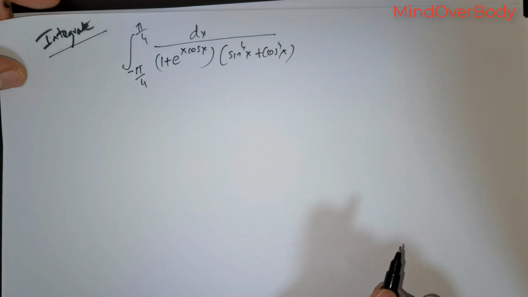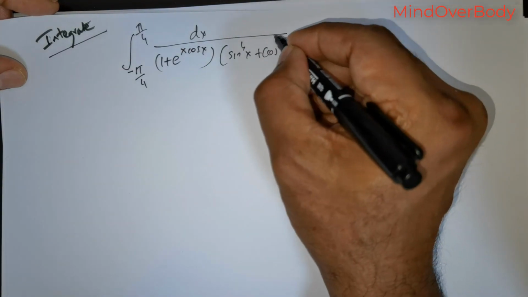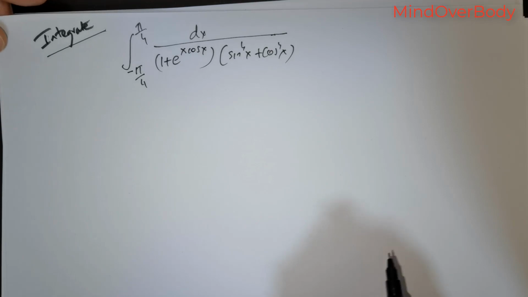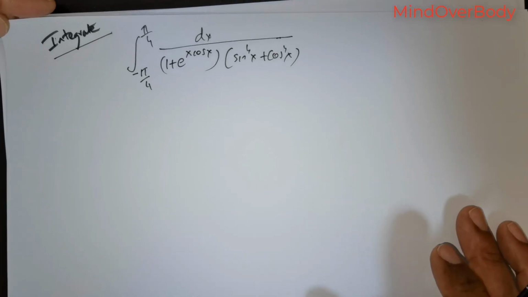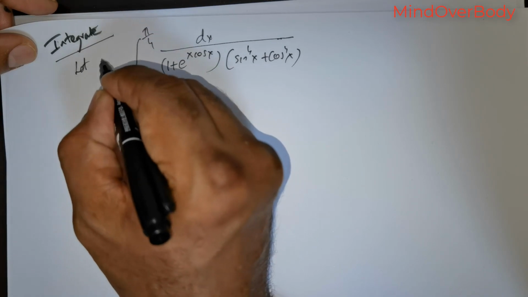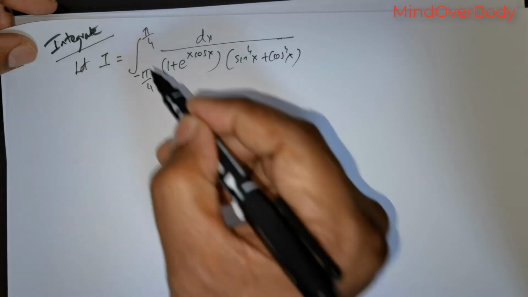Now it might look scary, but apparently it is not as scary as it looks, because this can easily be annihilated by simple substitution. So having mentioned that, let me start off with this all important assignment.